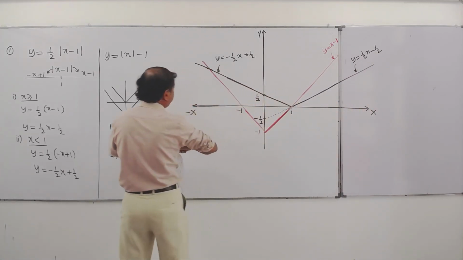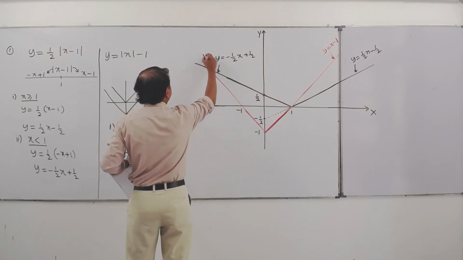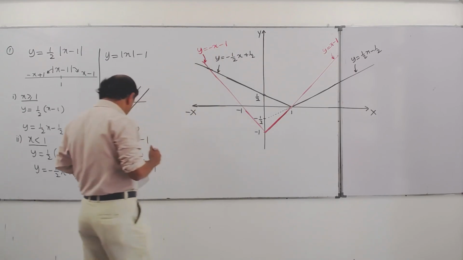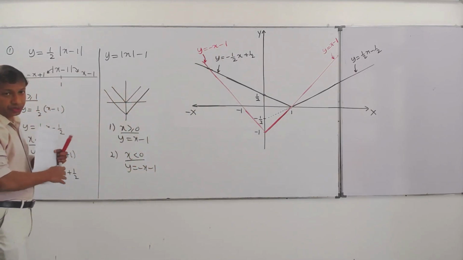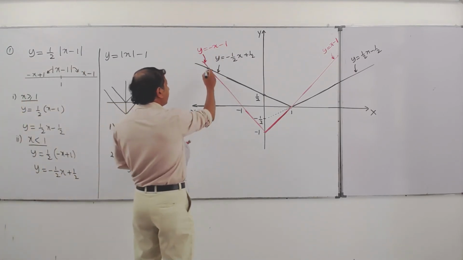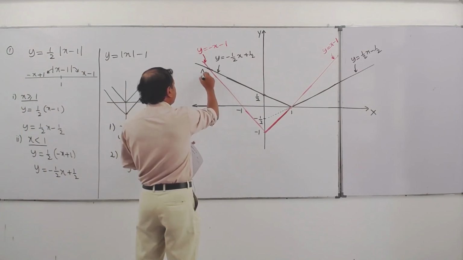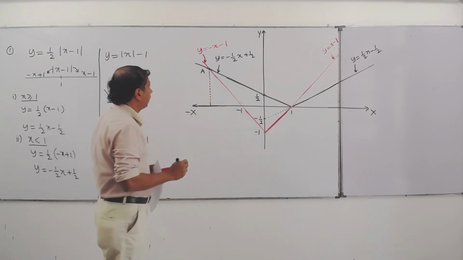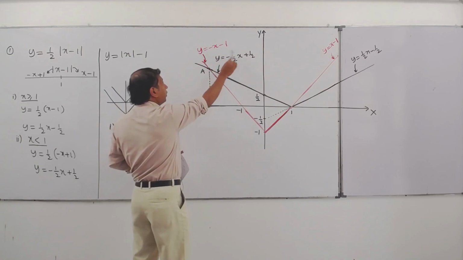And the equation of this is y equals minus x minus 1. Let us take this point as A. Its x-coordinate I am going to find by solving this and this simultaneously.